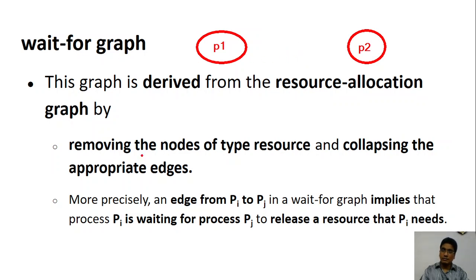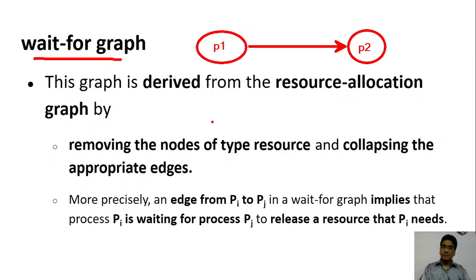When we draw the wait for graph, we will not consider the resource. Instead, we just draw an arrow like this from P1 to P2. This is not the resource allocation graph, I am talking about the wait for graph. So in the wait for graph, if you have an edge from P1 to P2, what is the meaning of this?